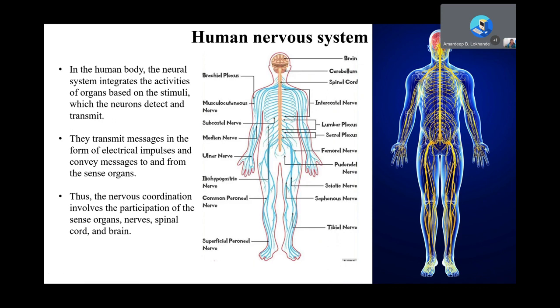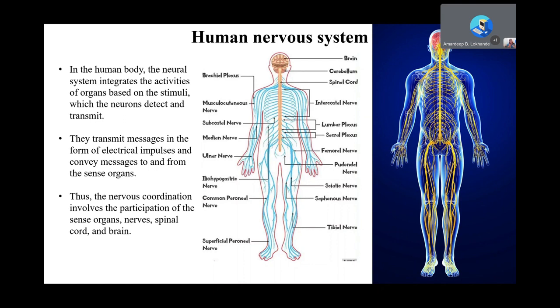Coming to the human nervous system, as you can imagine, there are multiple networks of neurons, billions in number. These are all interconnected, and the main relaying centers are the brain and the spinal cord. This neural system integrates the activities of the organs. All the organs and processes, the fingers, the toes, and every part of your body, are connected by nerves.